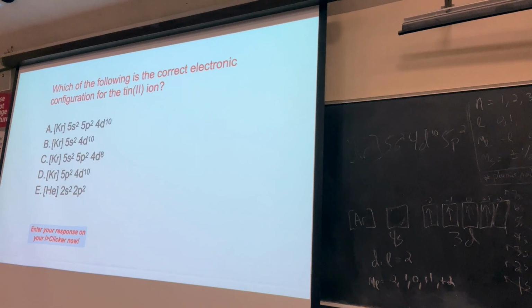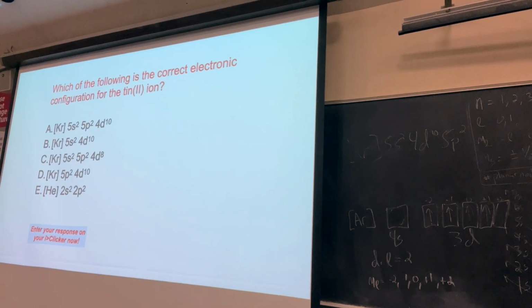Okay, now this is tin 2+, so we need to take away 2 electrons. Remember that the rule is highest n first, and if there's a tie, highest n plus l. In this problem, we have 2 n equals 5 subshells, and that's bigger n than 4, so we're not going to do anything with the 4. But we do have a tie, 5s or 5p.